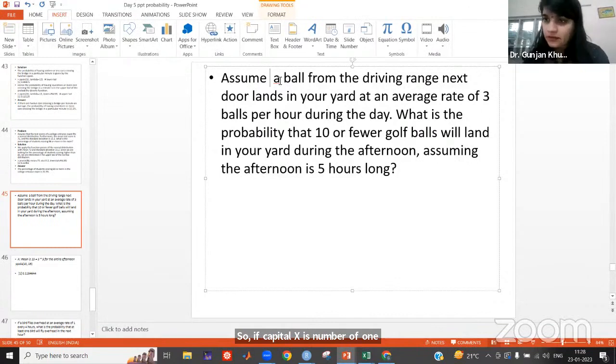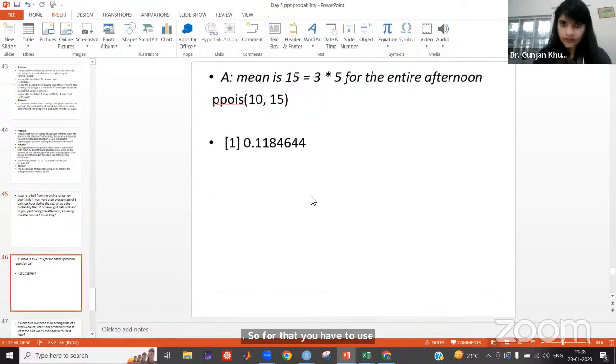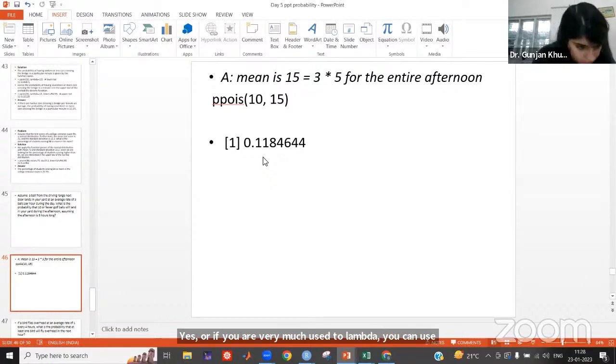For that, which function will you use? ppois(10, lambda = 15). Or if you are used to it, you can use ppois(10, 15) also. That will save time. Please verify.